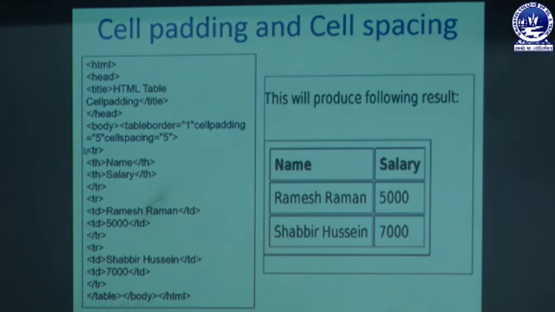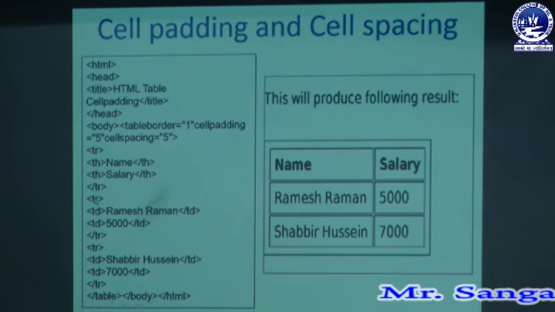So here we have already defined 3 rows, which are defined by the tr tag. We have used 3 tr tags, which reflect the 3 table rows. In a similar way, in the first table row we have written 2 table headings, that is Name and Salary. Name and Salary are in a different format as compared to the data of the table.